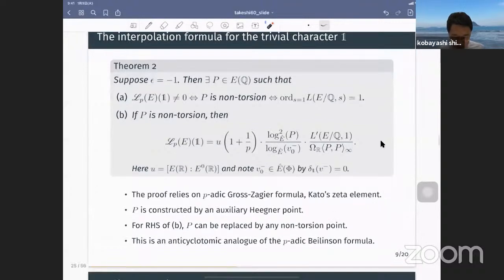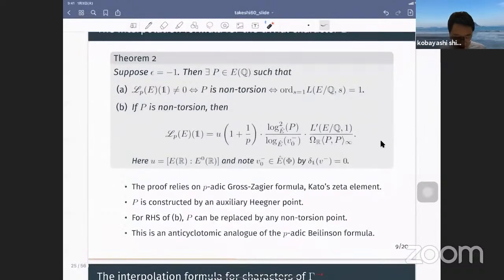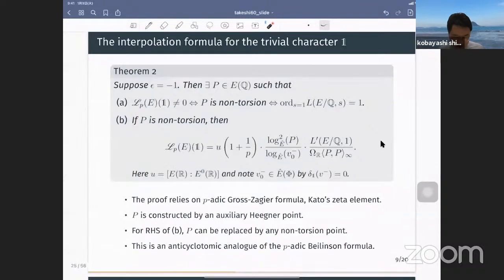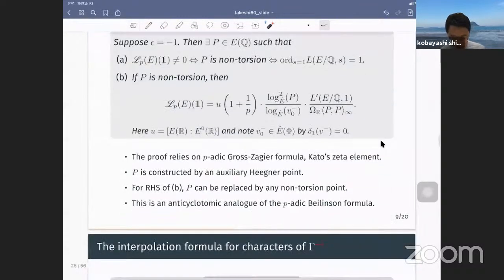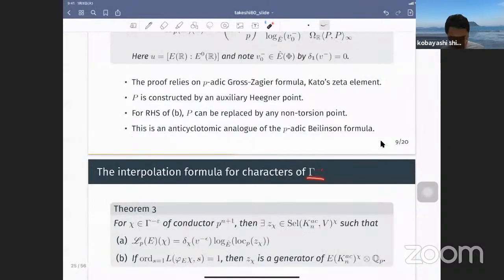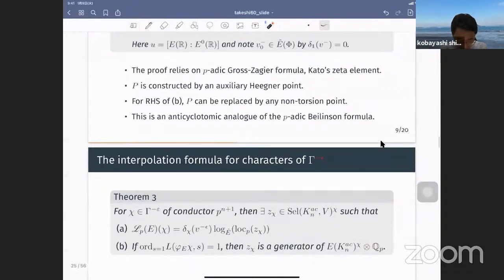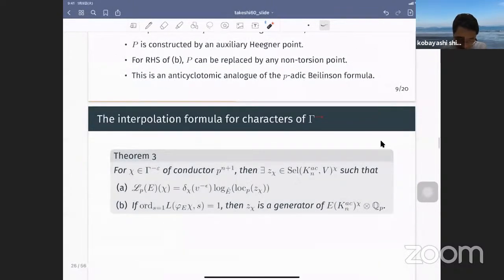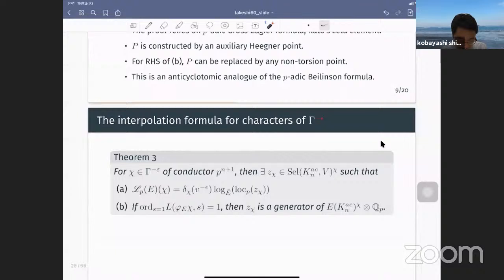And now I consider a non-trivial character of Gamma minus. In this case, for general characters, the result is not so satisfactory.